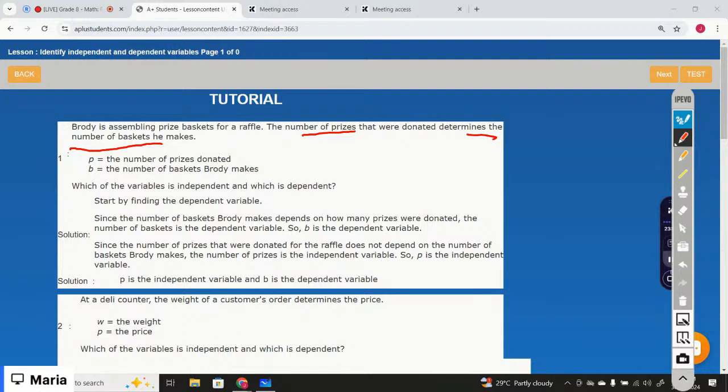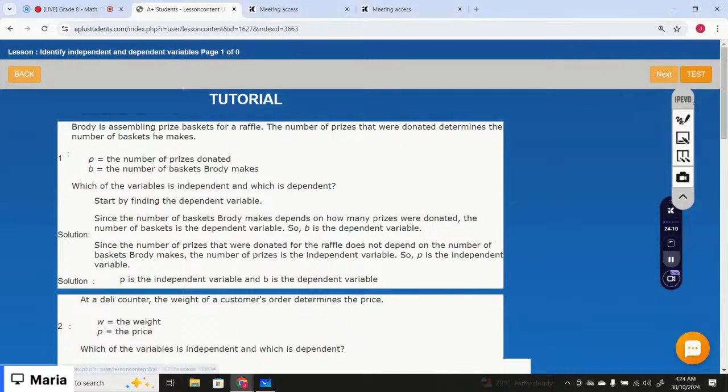P is the independent variable, the number of prizes, and the number of baskets is the dependent variable. Got it? The number of prizes is independent and the number of baskets is the dependent variable.